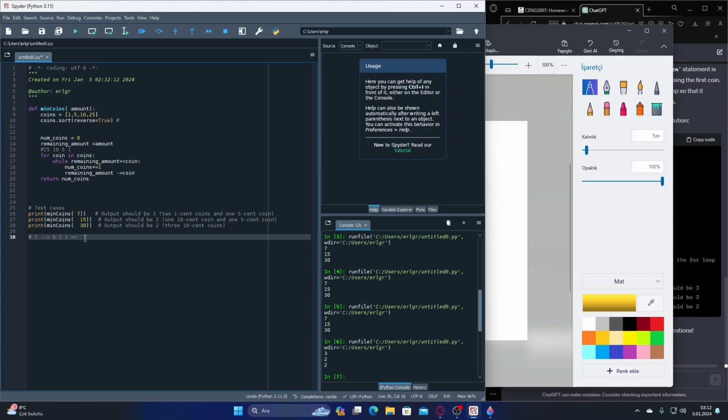So the output will be 3 in the 15. The output must be 10 and 5, so 2 in the 30. It's just taking the 25, then 5. So the answer must be 2. So our answer is true.